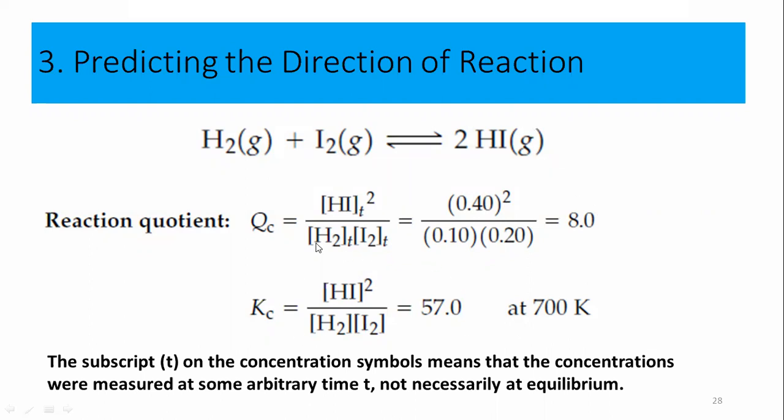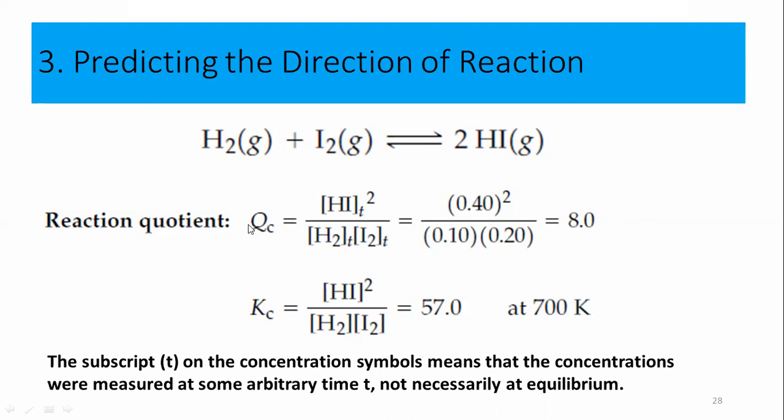So let's start. I am going to start with the reaction when the initial concentrations of product and reactant are given as 0.4, 0.1, and 0.2, and when you calculate the value, it is 8.0 and it is not 57. That means this is the reaction quotient. So this is the understanding as we have explained in the class.